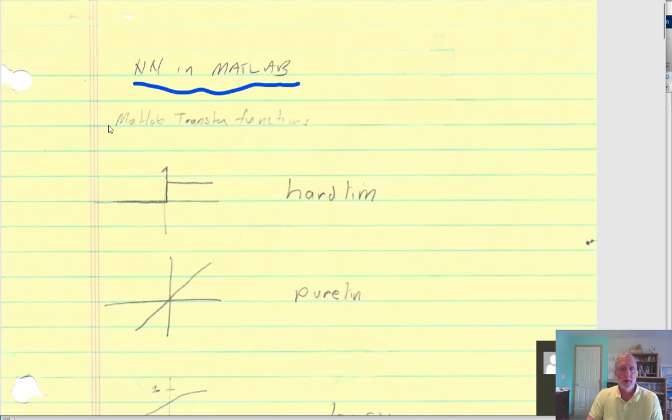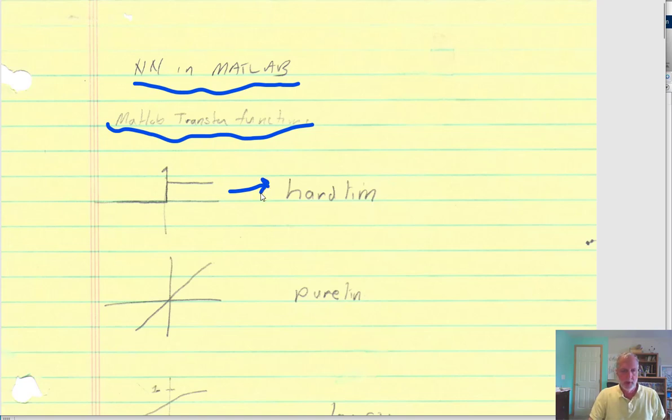Starting off, we're going to talk about the architecture of the network. So the first thing we need to talk about is what does Matlab use for transfer functions. The thing that we've called a threshold, they call a hard limit. It's because it's a hard threshold or a hard limit or a step, threshold.